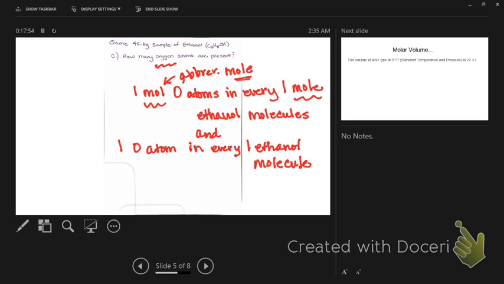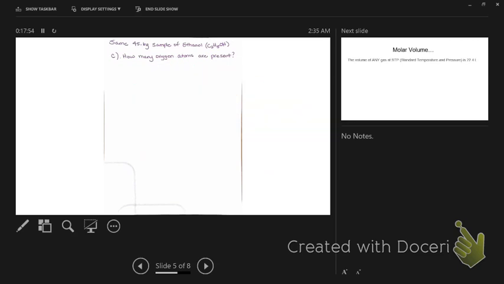Okay, so knowing what I just wrote down here, you will see if we have 5.96 times 10 to the 23rd molecules of ethanol, that means we have 5.96 times 10 to the 23rd oxygen atoms too, correct? Well, yes, but let's show how we get that.